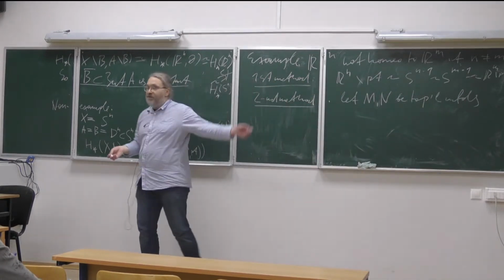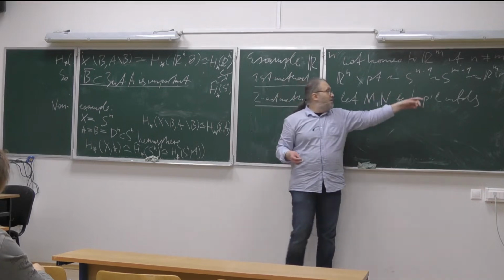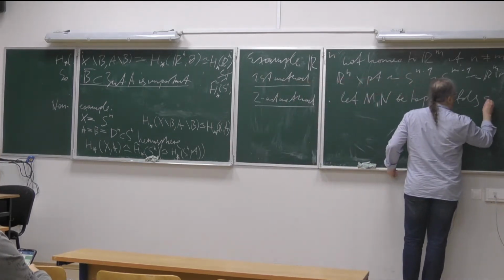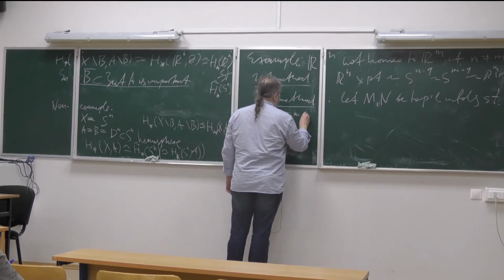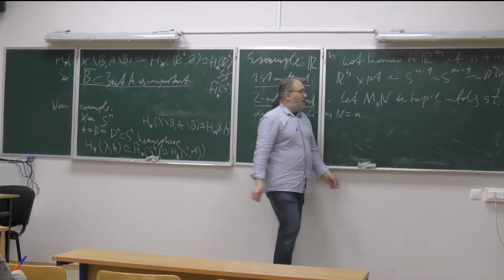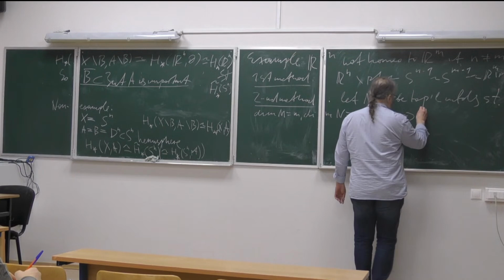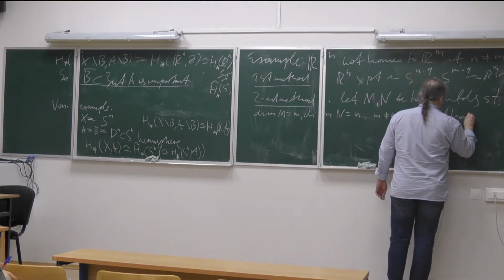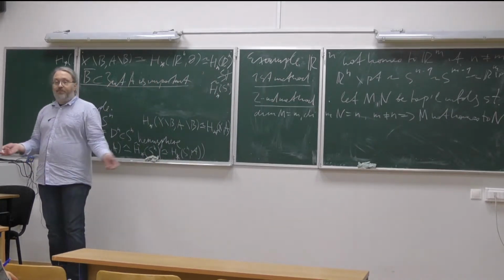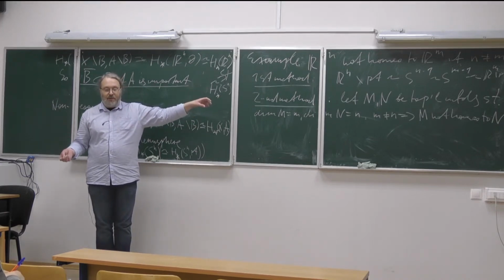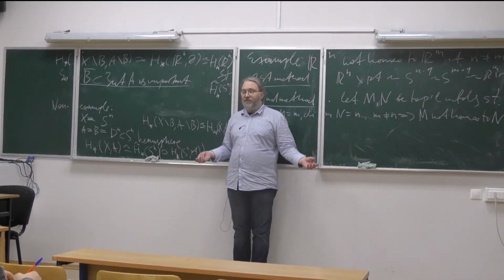But let's generalize this. Let's prove that if M and N are two topological manifolds of different dimensions, then M and N are not homeomorphic, although they might happen to be homotopy equivalent.